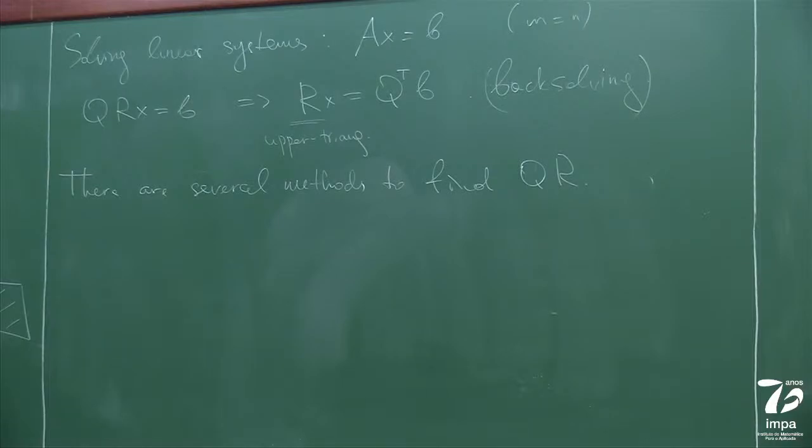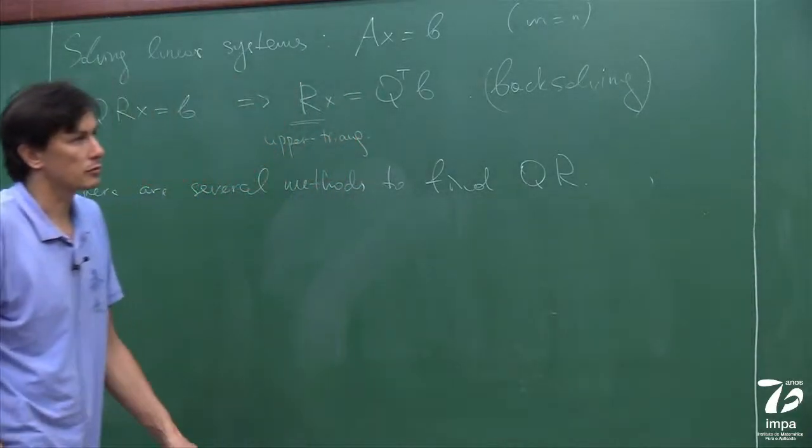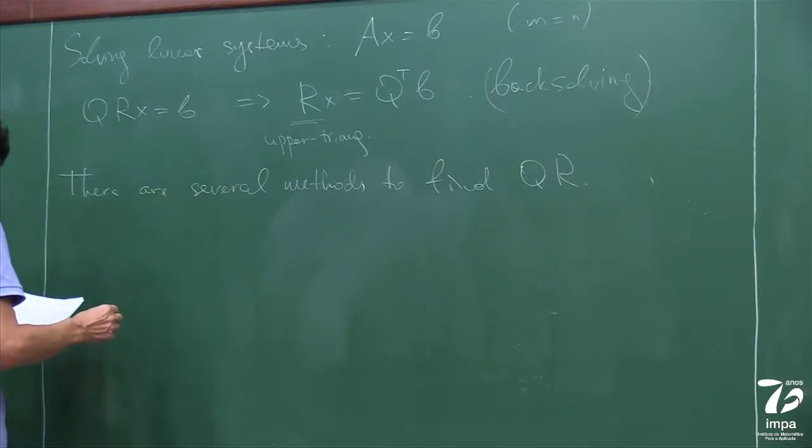I will just explain one method, which is not exactly what is usually implemented in programming, but at the same time it's a method which is easier for the analysis. So we take one of the methods. This will be the Gram-Schmidt procedure.